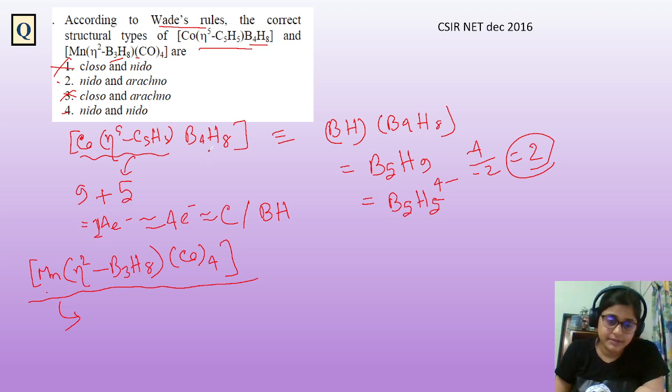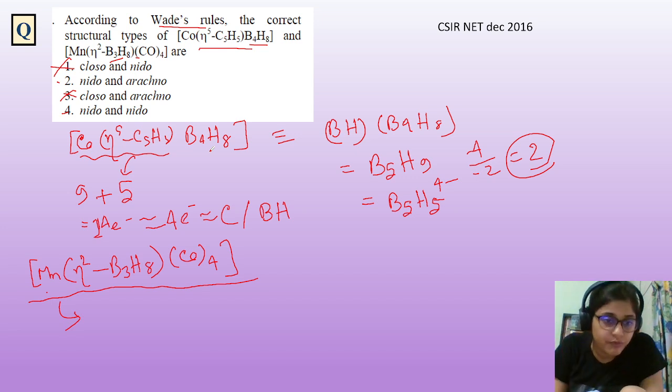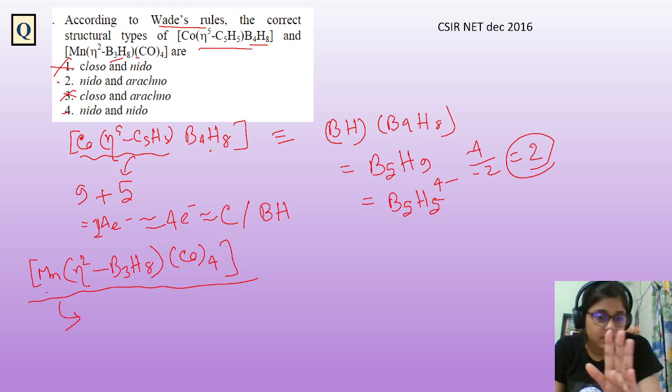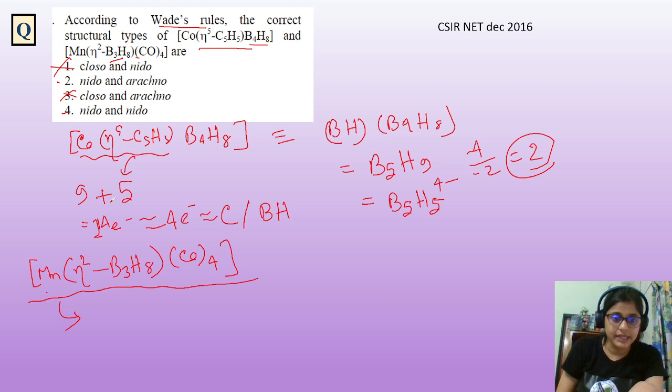Here is also a ligand. What can I do here? I can take the Mn and CO whole 4 as a fragment of transition metal part, and the rest will be for the boron complex. I'm thinking, okay, let's just solve that like that, and then we will understand.